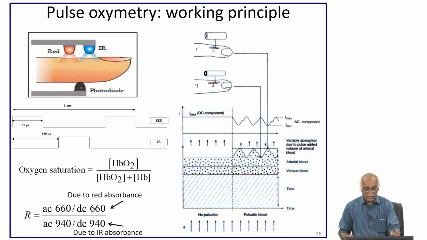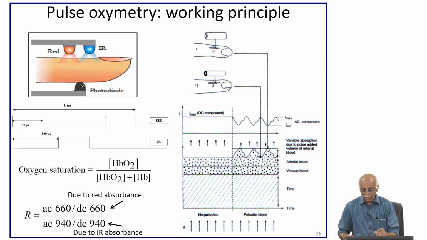If the photodiode has sensitivity for both wavelengths, 660 nanometer as well as 940 nanometer, it will be able to capture the information using transmission characteristics. When the light is transmitted through skin, tissues, venous blood and arterial blood, it has some fixed component of skin tissue scattering, venous blood scattering, and arterial blood scattering.